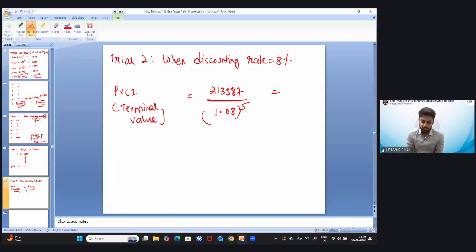कितना आ रहा है? 213,587 डिस्काउंटेड एट 8% फॉर फिफ्थ ईयर. How much is the present value of this terminal cash inflow coming? 145,364.